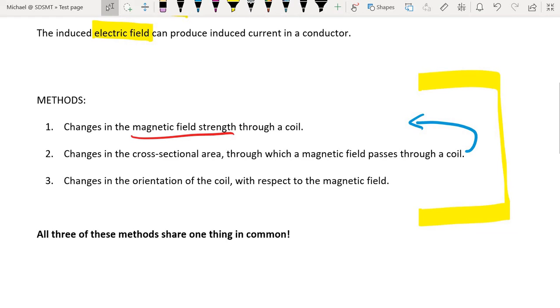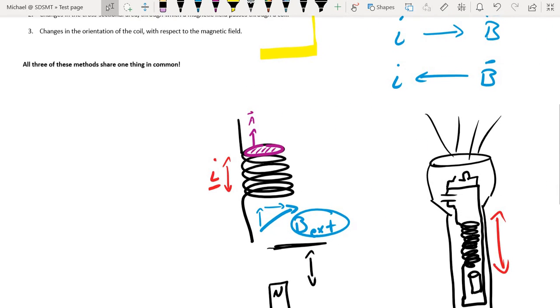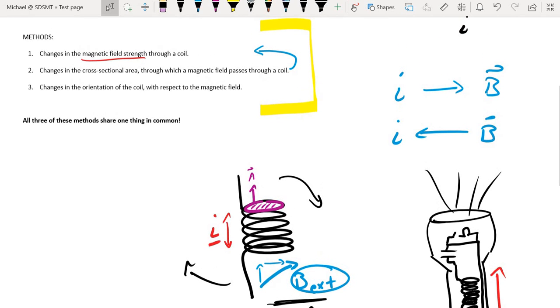If there's a change in the magnetic field strength, well, that can happen if we reorient the magnetic field, or I wouldn't even have to change the magnetic field. I could just rotate the coil itself while it's in that magnetic field, and that would cause a change in the amount of magnetic field that can pass through the coil.